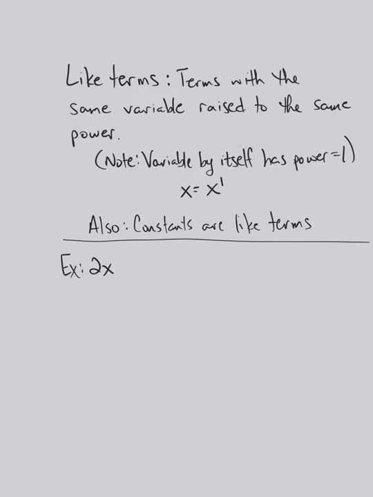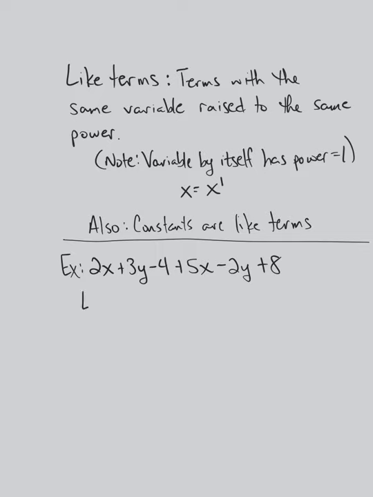Say I have something like 2x plus 3y minus 4, and then plus 5x minus 2y plus 8. Like that. And see, like terms are combinations, and there's several combinations of like terms here.